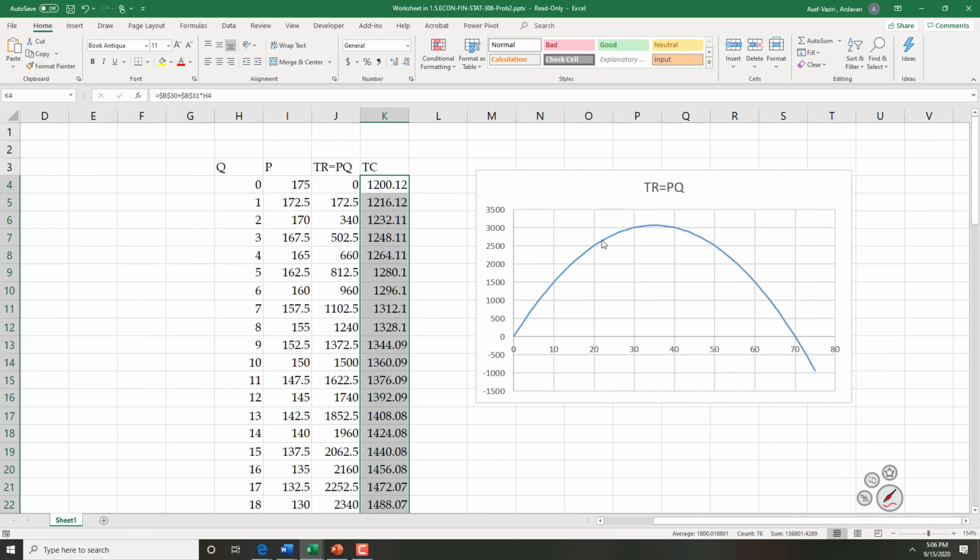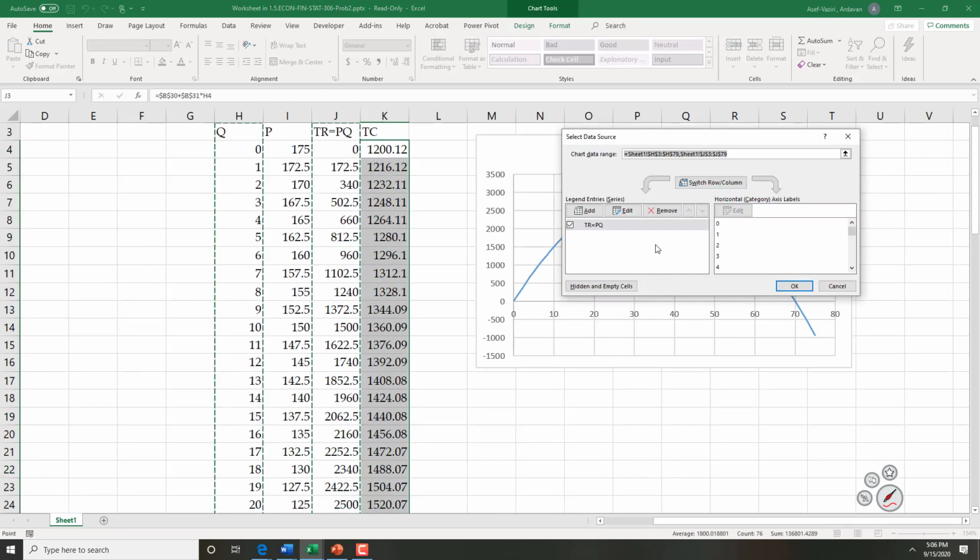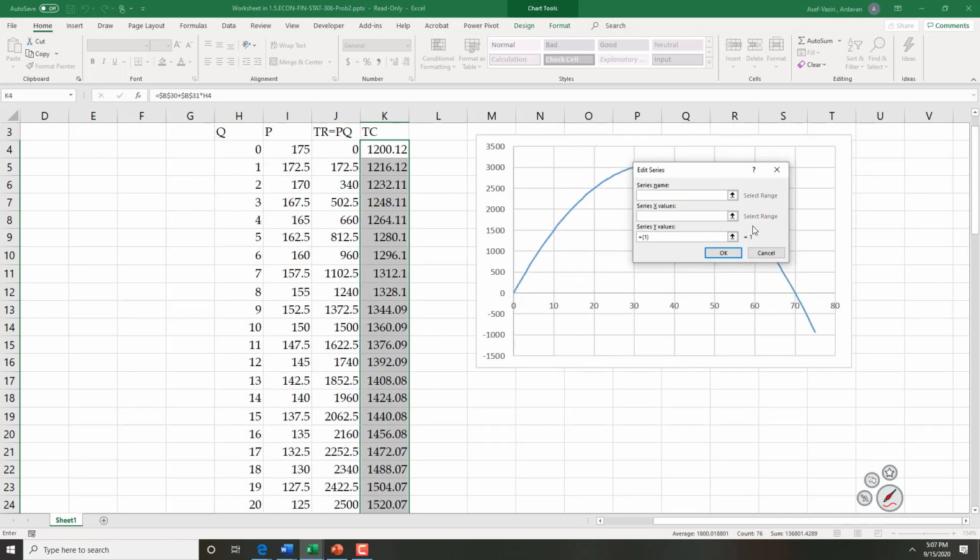Now I go here, I click on this, and I say select data, add. What curve do you want to add?